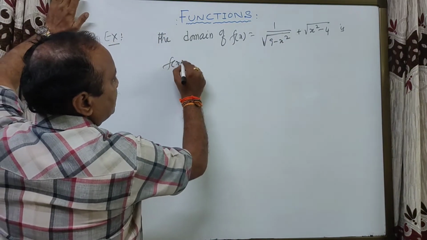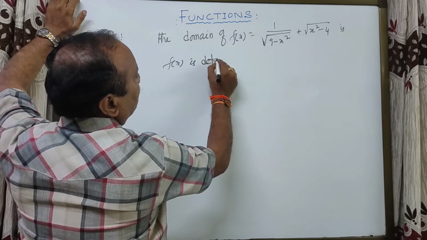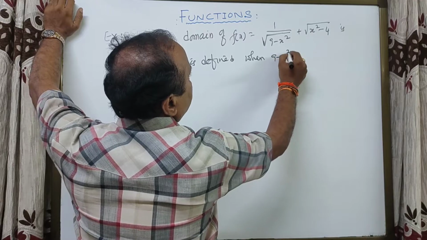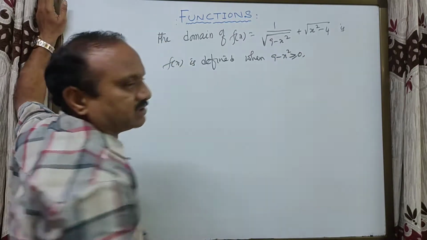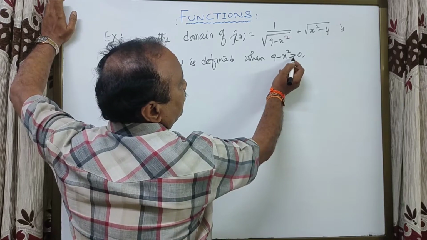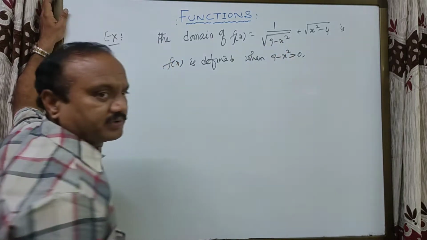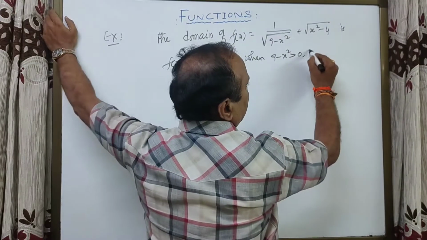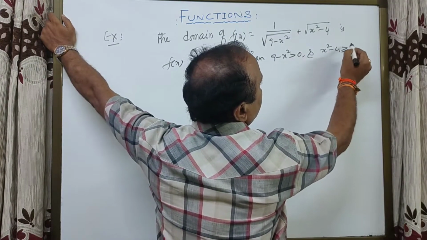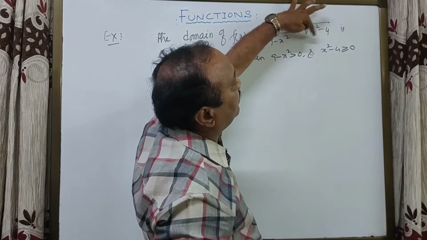So f of x is defined when 9 minus x square is greater than 0 only. Don't take equal, because if you take 0, 1 by 0 is undefined. And for the other function, x square minus 4 should be greater than or equal to 0, because there is no denominator form here.